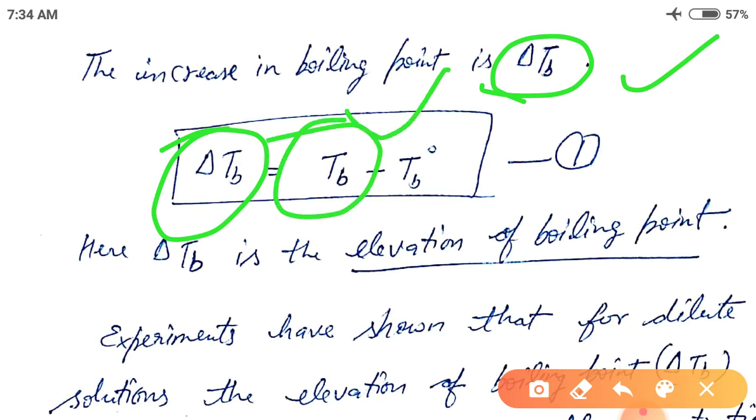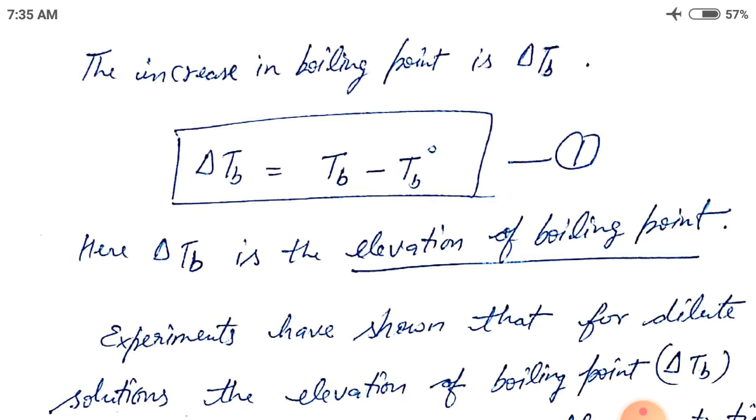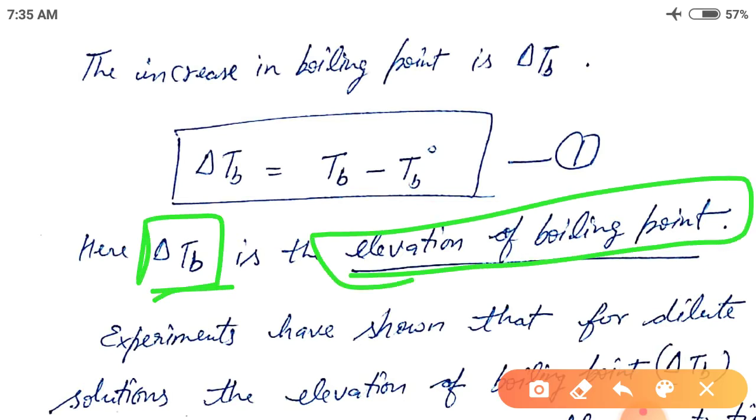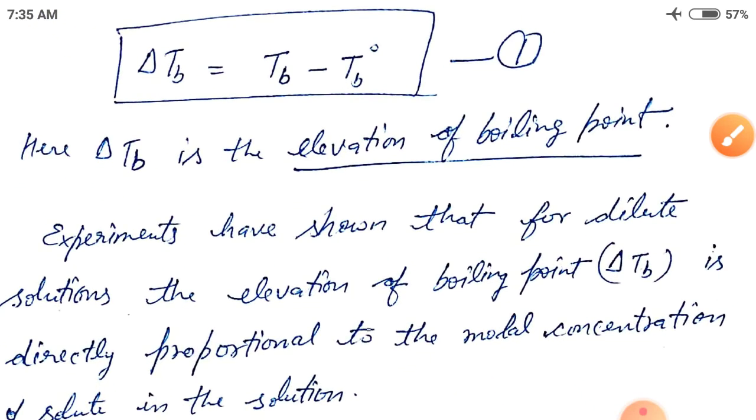It means delta TB equals TB minus T naught B, because T naught B is lesser than TB. Here delta TB is the elevation of boiling point, as I already told you. Very simple.